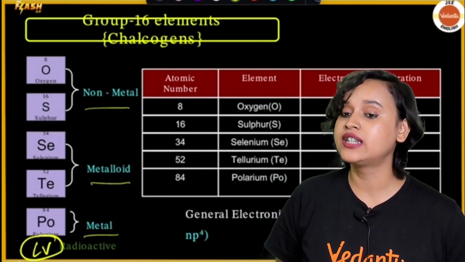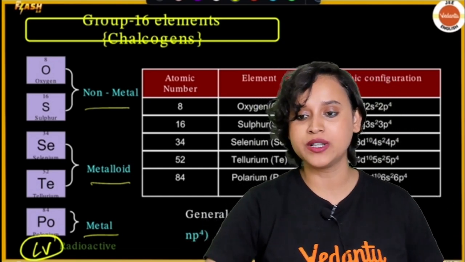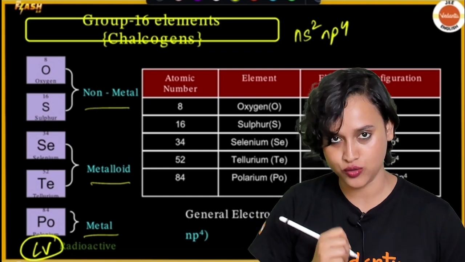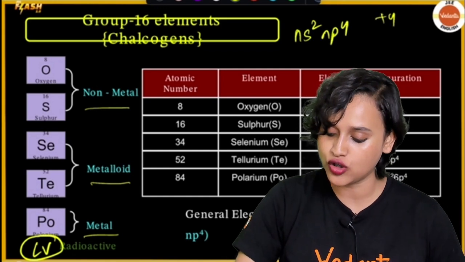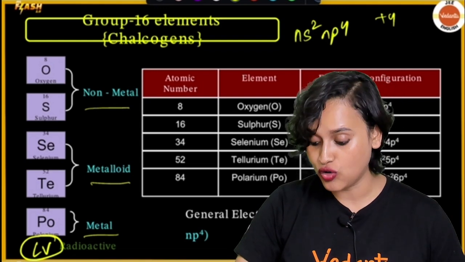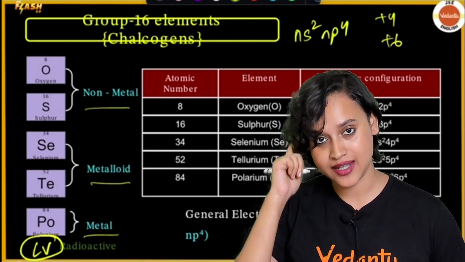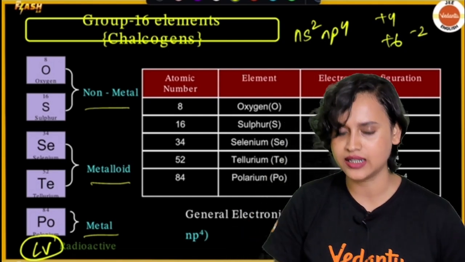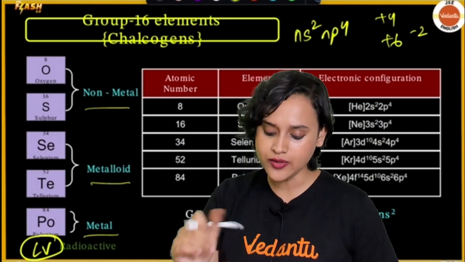And the general electronic configuration for this group is ns2 np4, my dear students. So they can show +4 oxidation state, +6 oxidation state as well, and apart from that, they can also show -2 oxidation state. We will study about it.